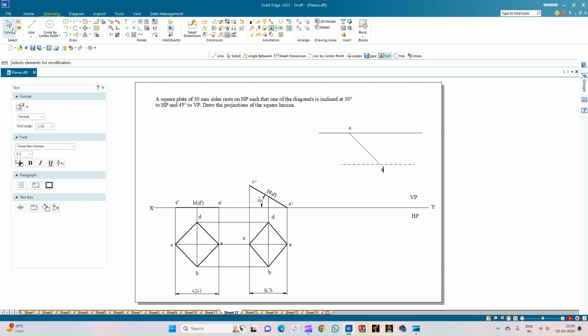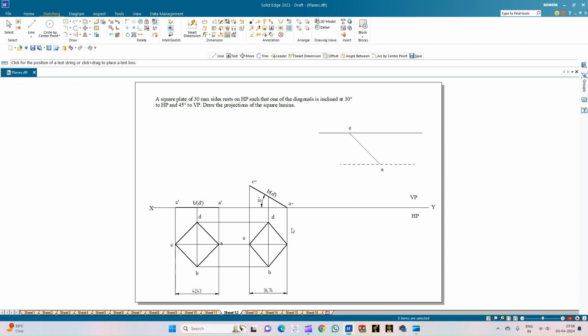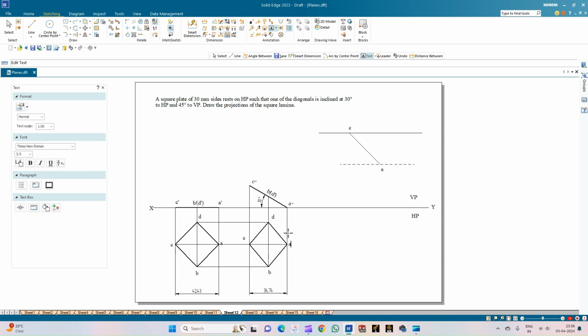So for better understanding, let me just call this as A1. Okay, so now what I'll do is, after having drawn the projection line on the locus of A, let me annotate this line as locus of A. So this is the locus of the corner A.